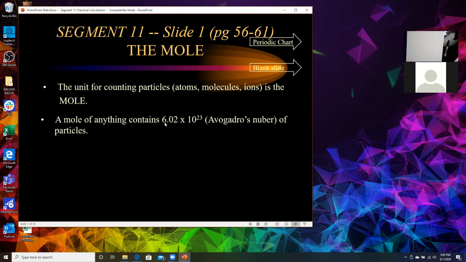So it's a count of the number of particles, just like I say a dozen. I don't have to say a dozen eggs. I could say a dozen apples or a dozen oranges. The dozen is 12, doesn't matter. But apples and oranges and bananas and eggs all have different weights.